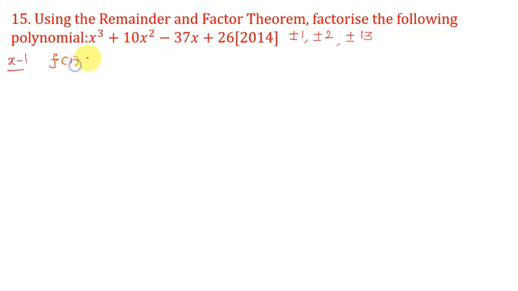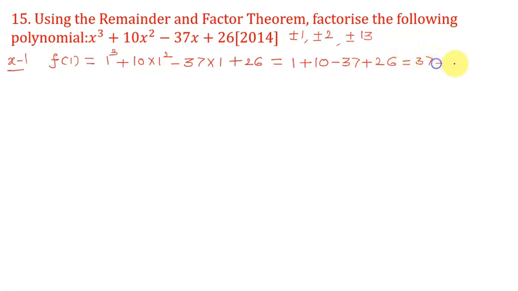f of 1 is equal to 0 or not. Now here x is replaced by 1: 1 cube plus 10 into 1 square minus 37 into 1 plus 26. 1 cube is 1, plus 10 minus 37 plus 26, and finally that is equal to 0, and hence here x minus 1 is a factor.